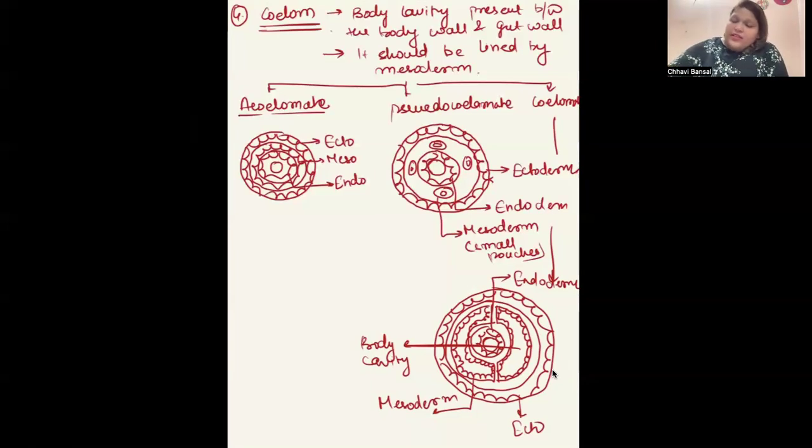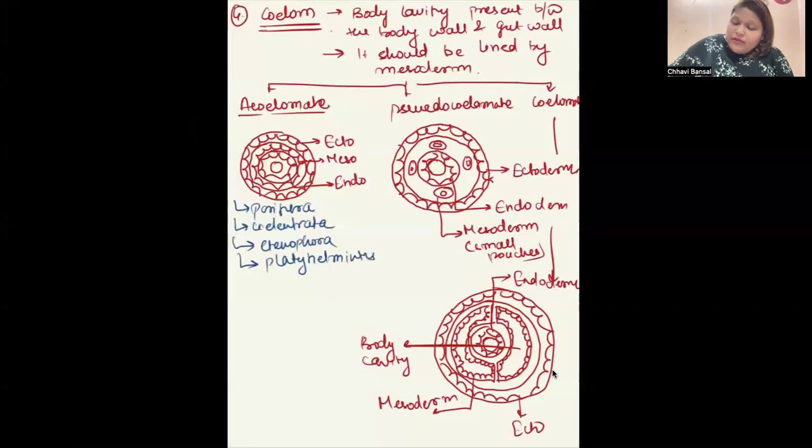Now, what are acoelomate? Acoelomate are Porifera, Coelenterata. Actually, they are not even classified as coelomate or acoelomate, but in case the question comes, then they are acoelomate. Ctenophora, and the most important one is Platyhelminthes. Platyhelminthes is the only phylum which is triploblastic, meaning all three germ layers are present, but still it's acoelomate in nature.